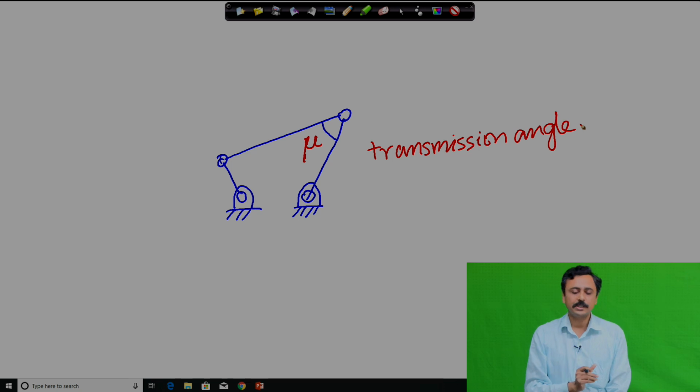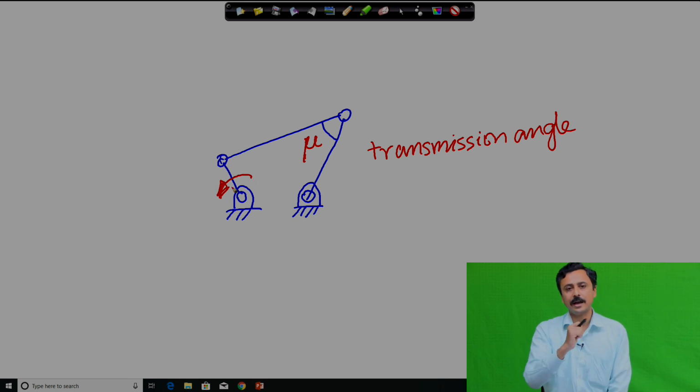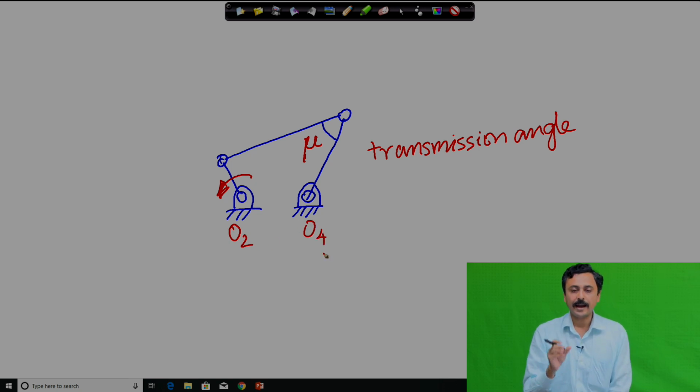Why is this called the transmission angle? Now, when this angle, let us say this angle goes to 0. So this is, let us say, the driver, this is where I will give my input torque and I will drive the mechanism from this hinge O2, and the load is at O4.